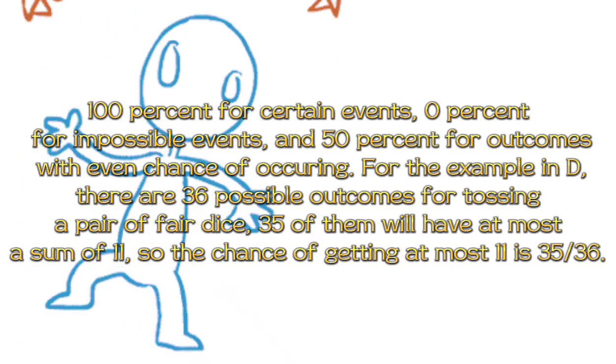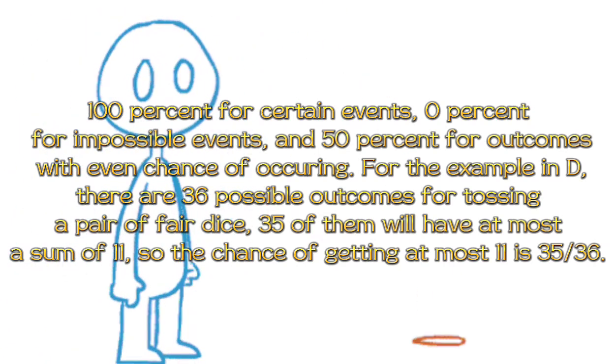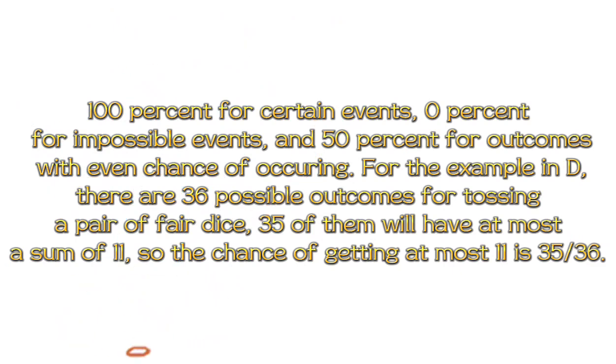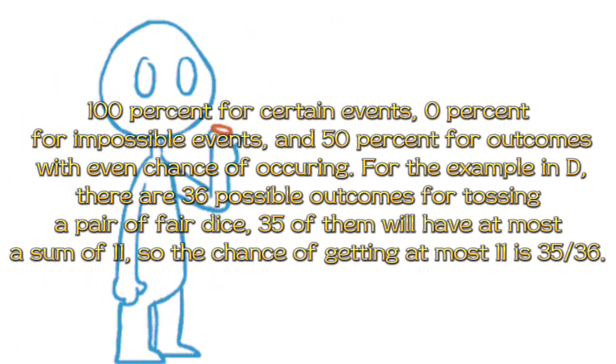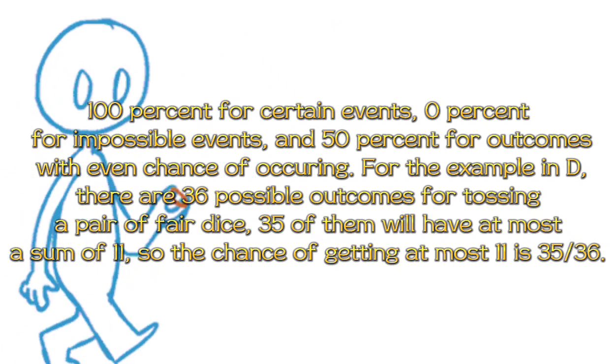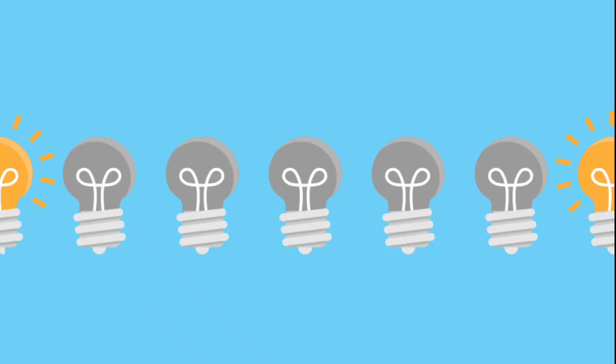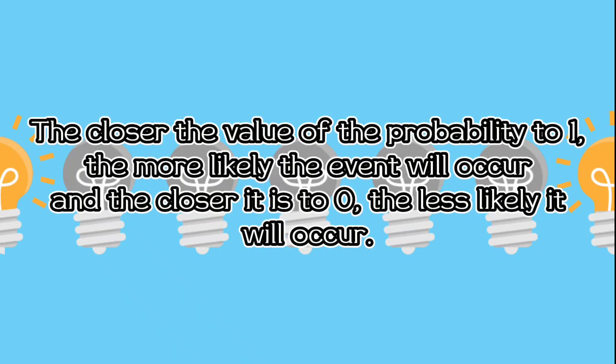For the example in D, there are 36 possible outcomes for tossing a pair of fair dice. 35 of them will have at most a sum of 11, so the chance of getting at most 11 is 35/36. The closer the value of the probability to 1, the more likely the event will occur. The closer it is to 0, the less likely it will occur.